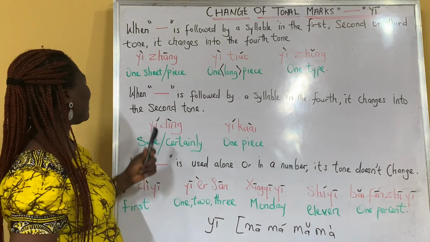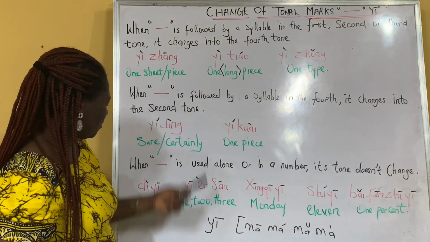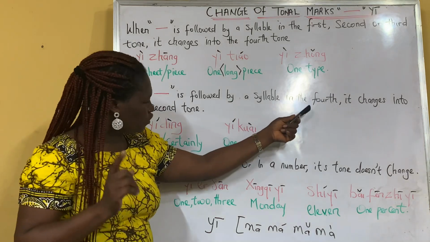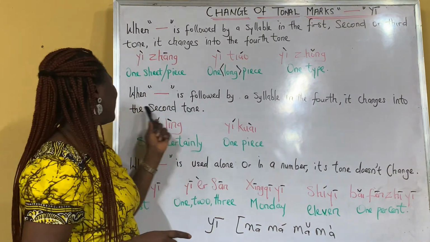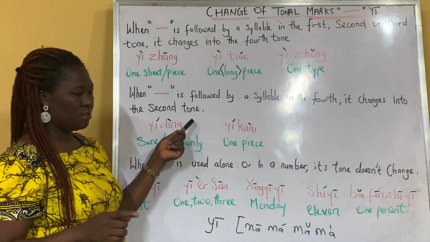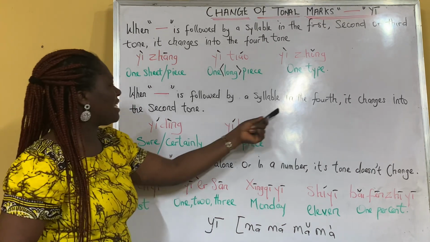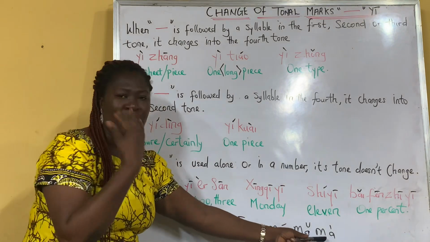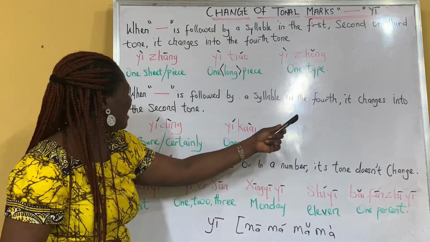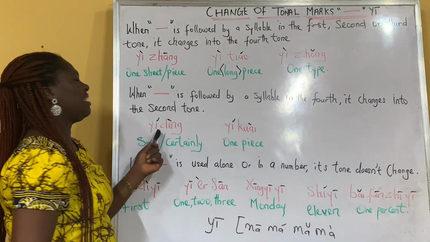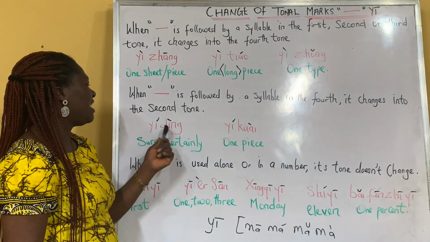Then the second rule says what? When 一 is followed by a syllable in the fourth tone, it changes into the second tone. Example: yídìng, instead of yīdìng.